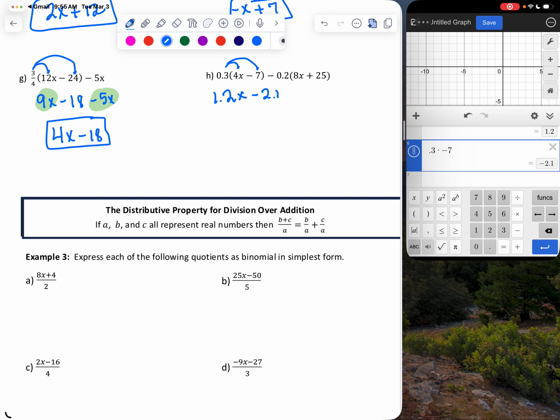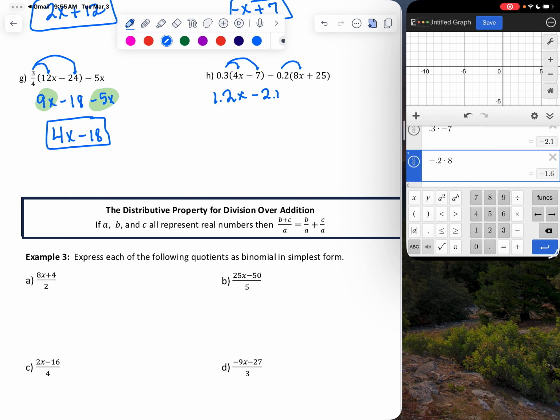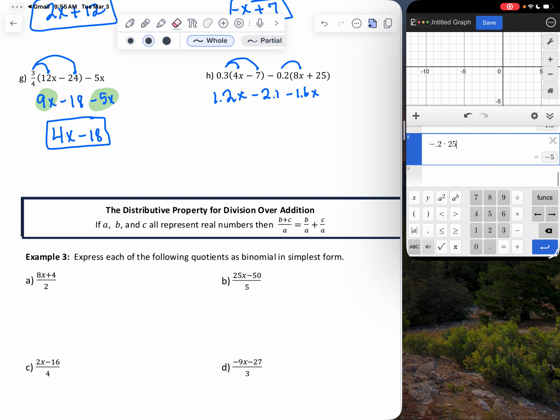In my second parenthesis, I'm going to multiply everything by -0.2. So -0.2 times 8x gives me -1.6x. And -0.2 times 25 gives me -5.